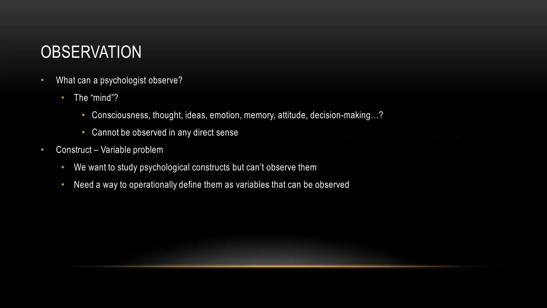So let's first start with some of the basics of doing psychological research, which is focused on the issue of observation, which is something we touched on in the first unit. We talked about the issue of empiricism, right? Empiricism is defining knowing through observation. It's a philosophy about we can only know what we can observe.